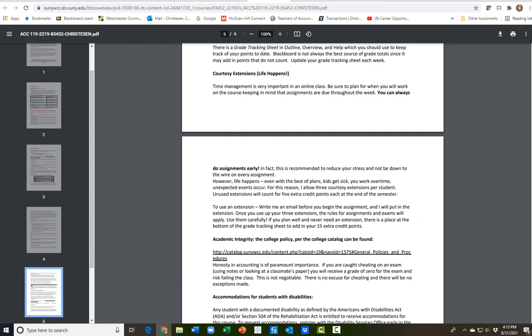So if you do a little math, if you have a 10-point assignment, or even a 20-point assignment, and it's 1 day late, that's not 5 points, right? That's only a couple of points. So only use the extensions if it's going to make sense to you, like if it's going to cost you more than 5 points, right? Otherwise, if it's 1 day late, it's 5%, it's not a big deal, right?